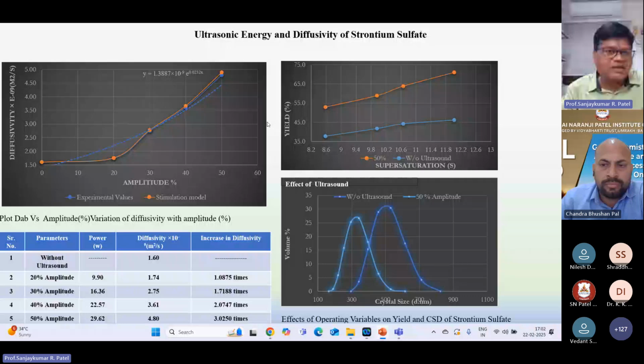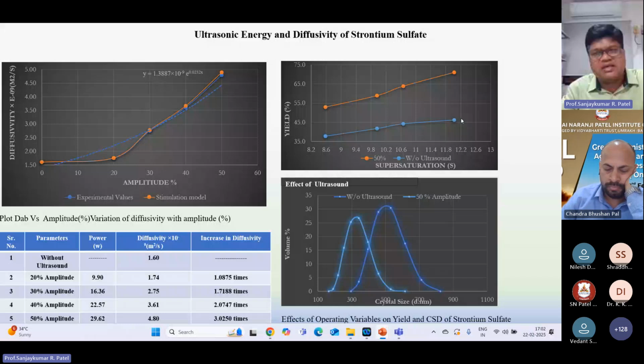With and without ultrasound, you can see the blue dotted lines are without ultrasound for strontium sulfate, and this orange is with the presence of ultrasound. We can see the drastic change in the yield of the strontium sulfate, and it has an effect on the crystal size distribution.